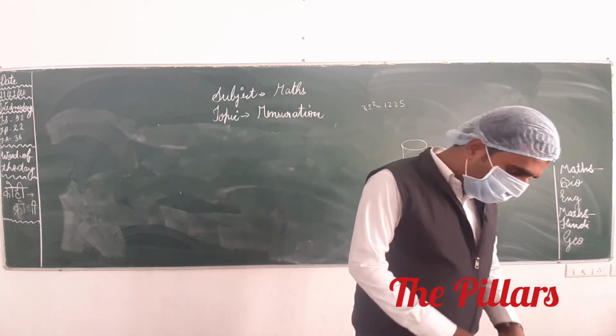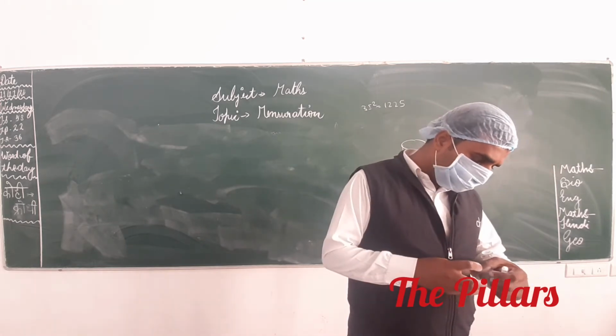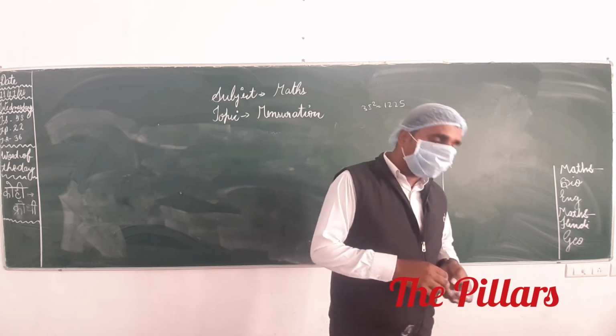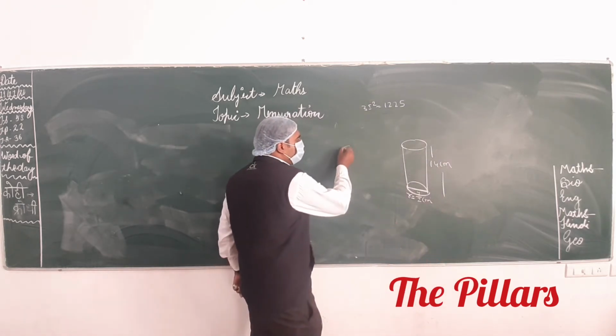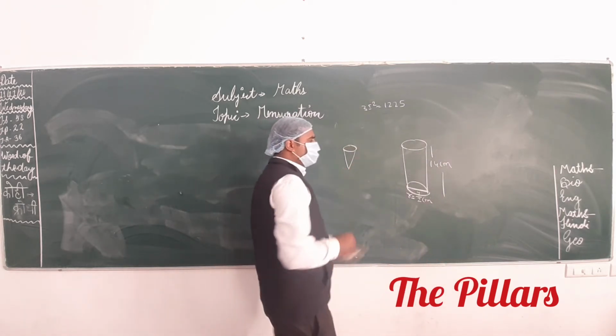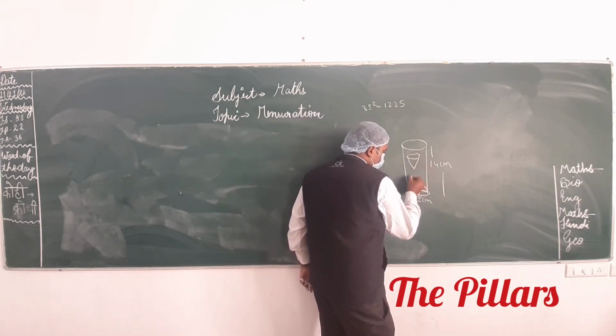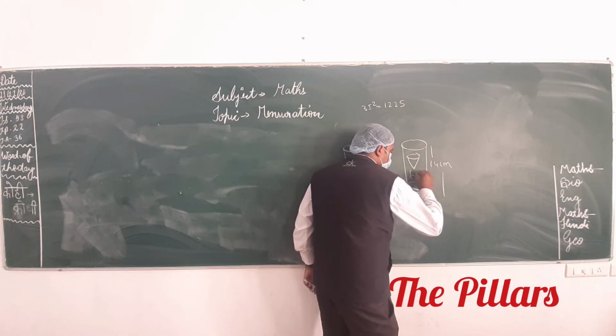After that the question says that two equal conical holes, each of radius 2.1 centimeter and height 4 centimeter, are cut off. Suppose we have to cut off two conical parts from this cylinder like that. First one is like that and second one is like that.